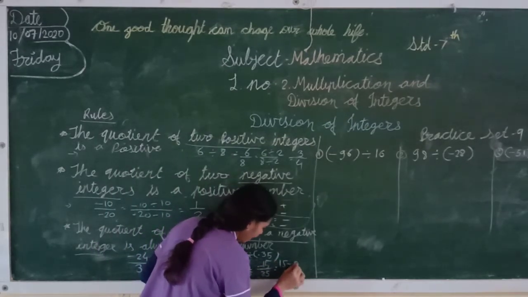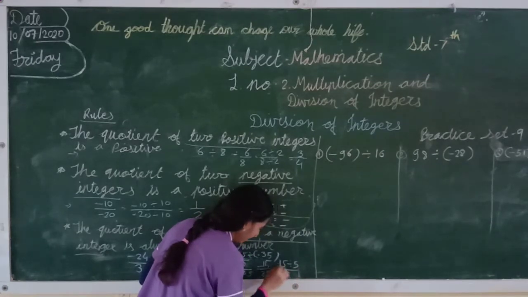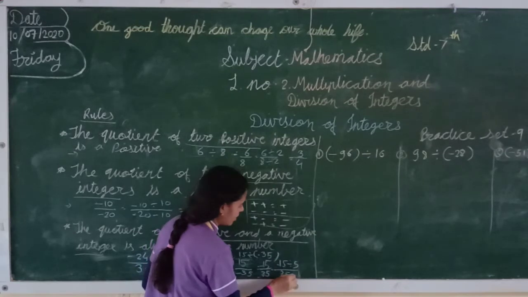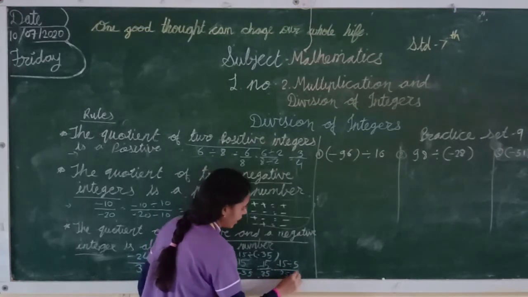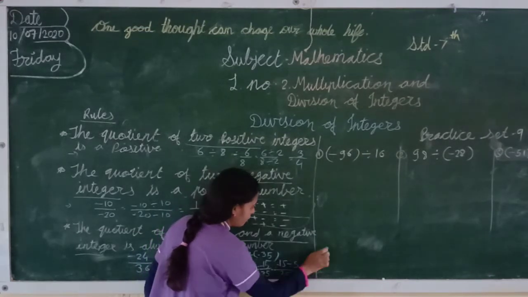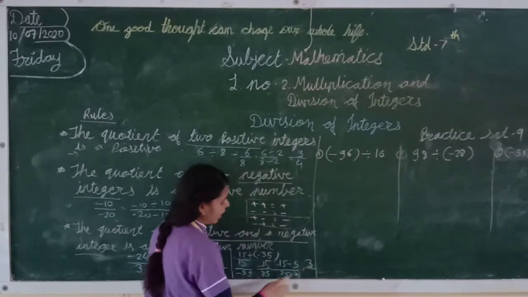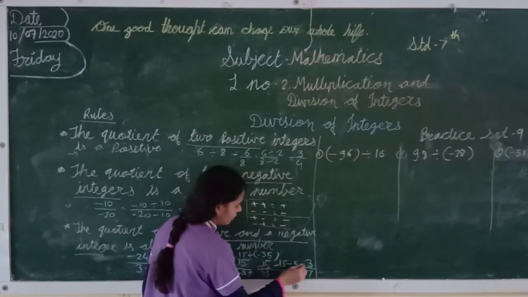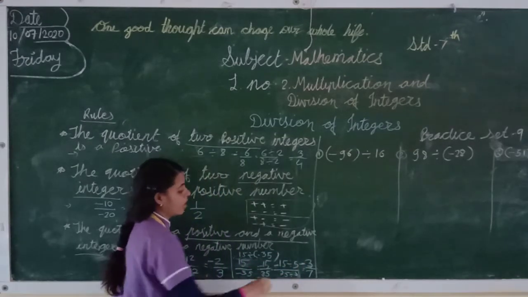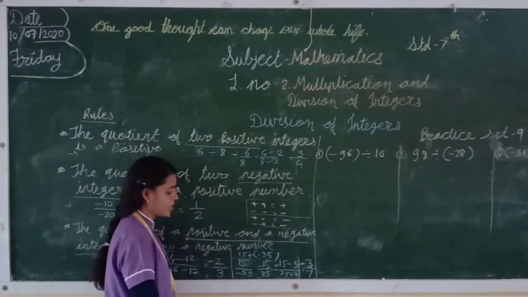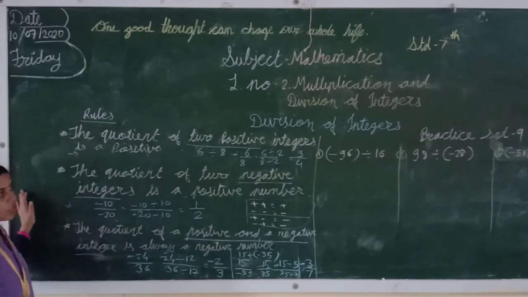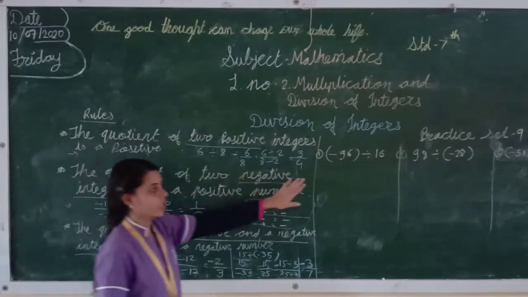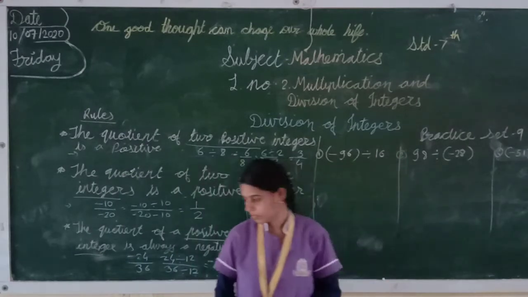Minus 15 divided by 5 and 35 divided by 5, 5 threes are 15 and 5 sevens are 35. This minus sign stays, so here we go. I hope students you understood this one. According to this rule of integers, we will solve practice set 9.